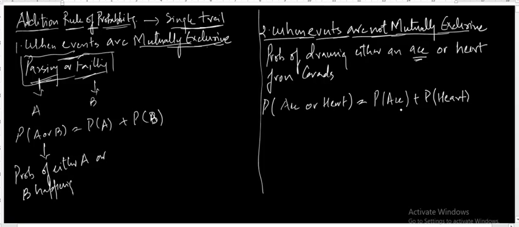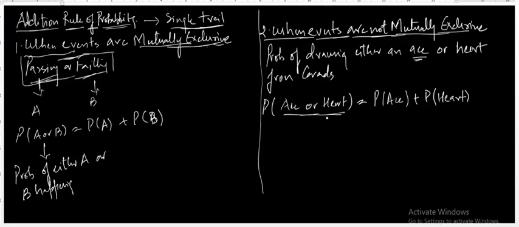One of the most important things to mention is that there is at least one of the hearts that is an ace. Among all the hearts, one card will be both an ace as well as a heart. So ace and heart will be occurring together in a single trial.